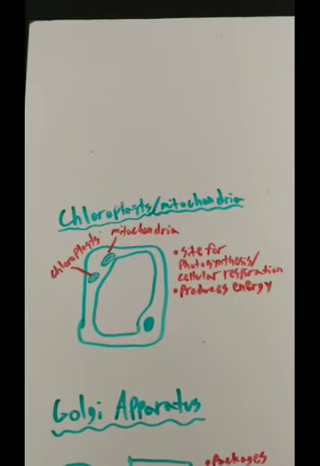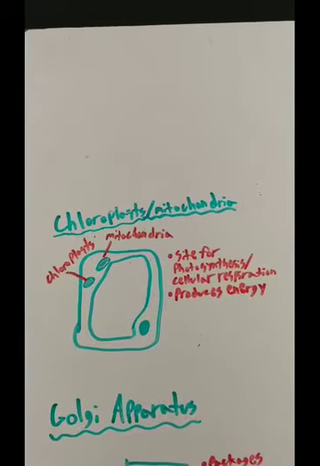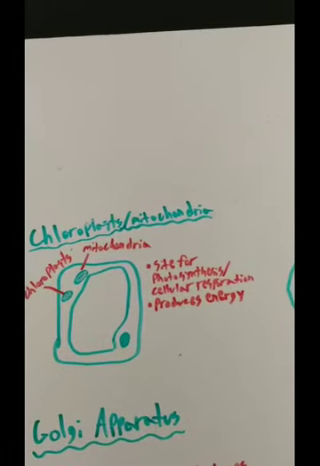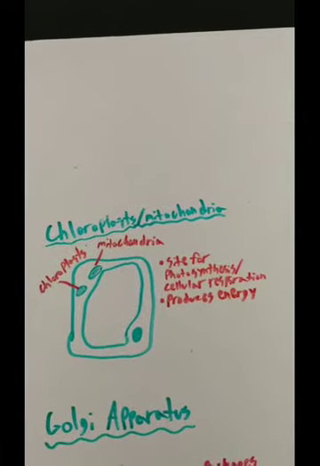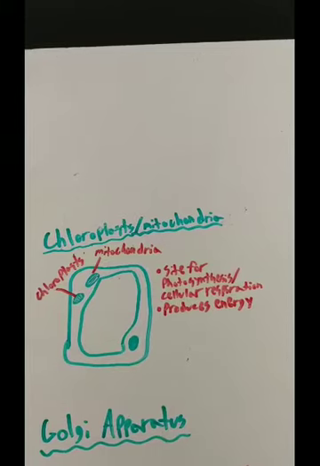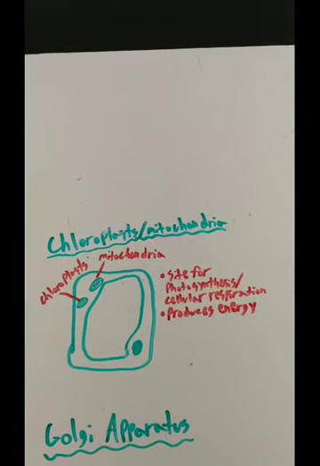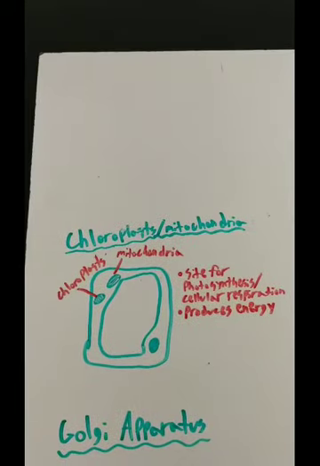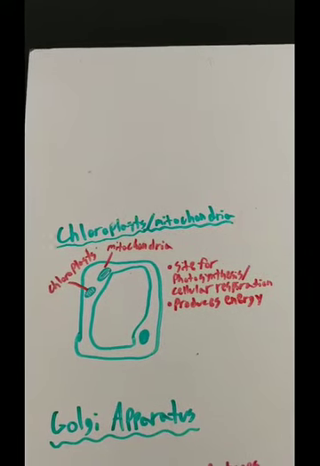The chloroplast is the site for photosynthesis, which takes sun and a few other components and turns it into sugar. The mitochondria carry out cellular respiration, which is when different foods and nutrients are broken down into ATP.